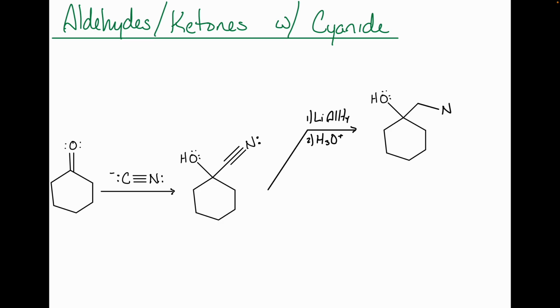We can also reduce nitriles to amines. Remember, when we added that cyanide ion, we added an extra carbon, so that appears here. So now I have this two-carbon spacing between what was formerly my carbonyl carbon with its hydroxyl group and my new carbon with its amine group.